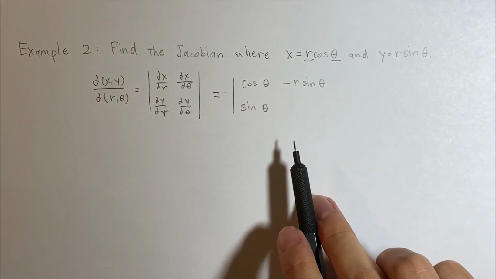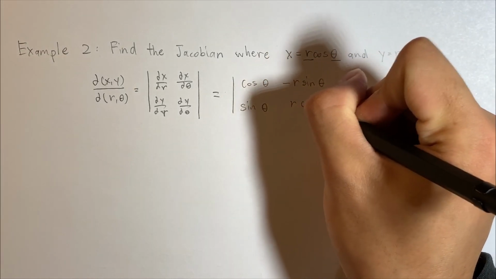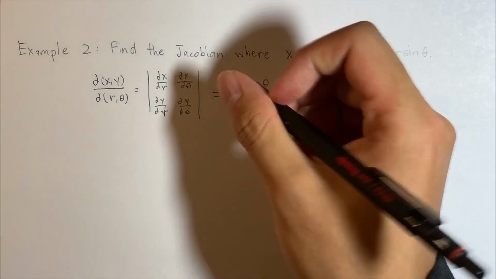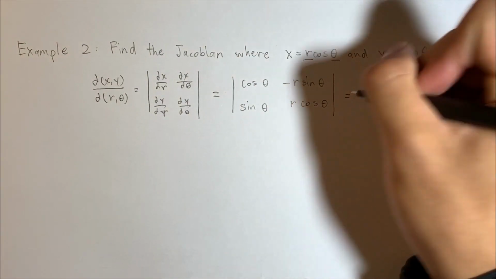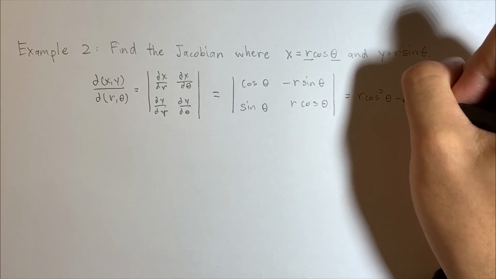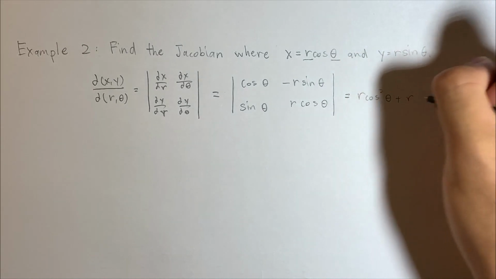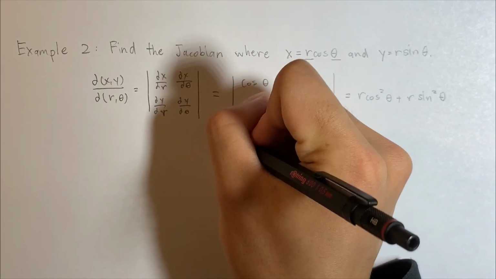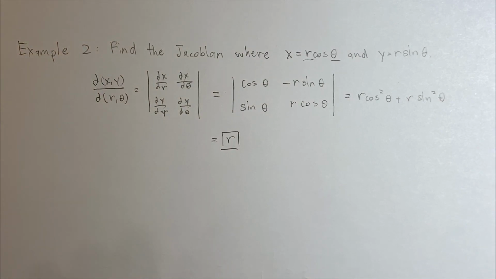Finally, partial y partial theta would be equal to r times cosine of theta. So then we can go ahead and evaluate this determinant. We get r times cosine squared of theta plus r times sine squared of theta, which will just give us r as our answer.